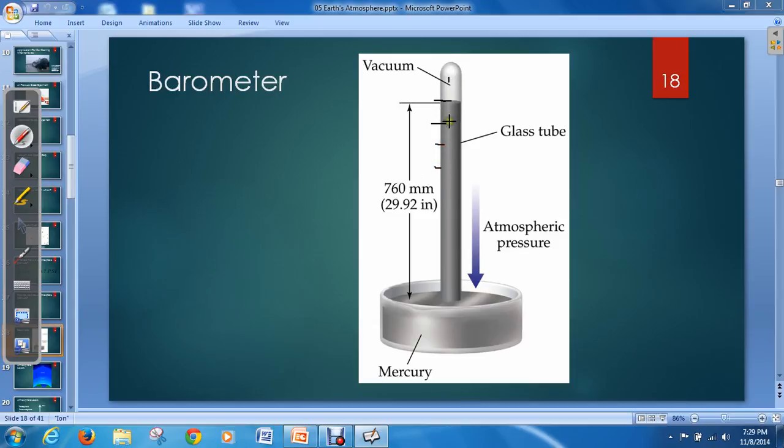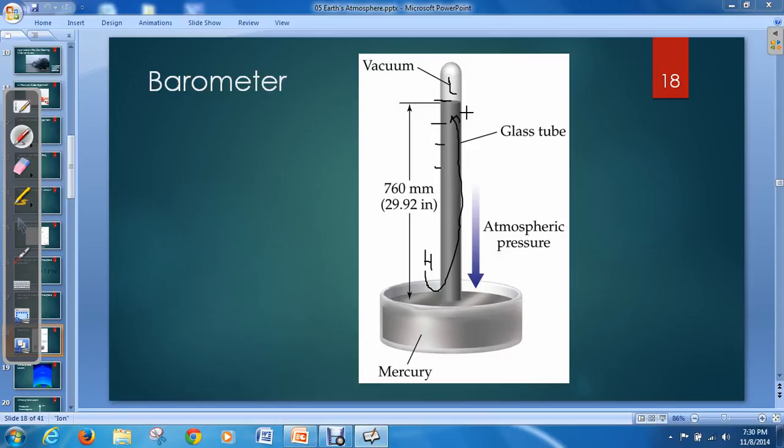So as that mercury goes up and down the tube, we can determine what the atmospheric pressure is. Again, the same idea: high pressure flowing to low pressure. This is how they historically found atmospheric pressure.